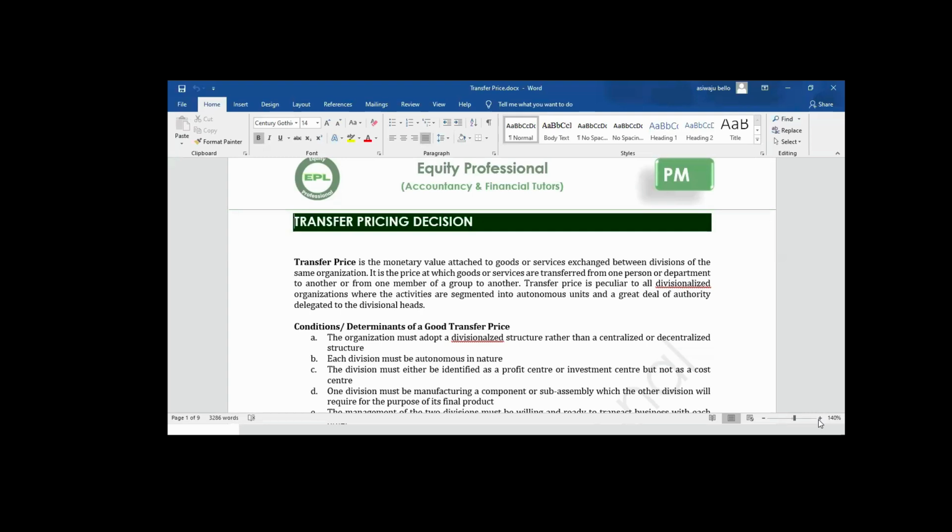We have defined transfer price. We have tried to explain transfer price. For example, we have Dangote Sugar and we have Dangote Bakery. Of course, Dangote Sugar specializes in the manufacture of sugar. Dangote Bakery specializes in bakery businesses.